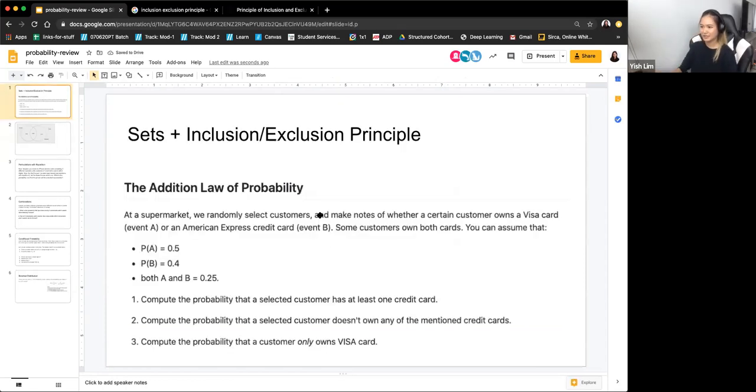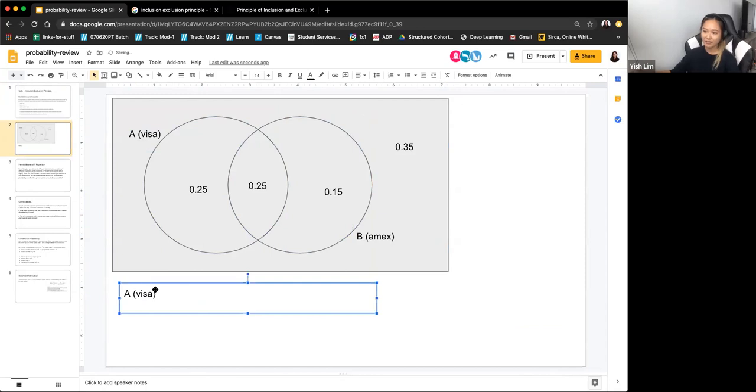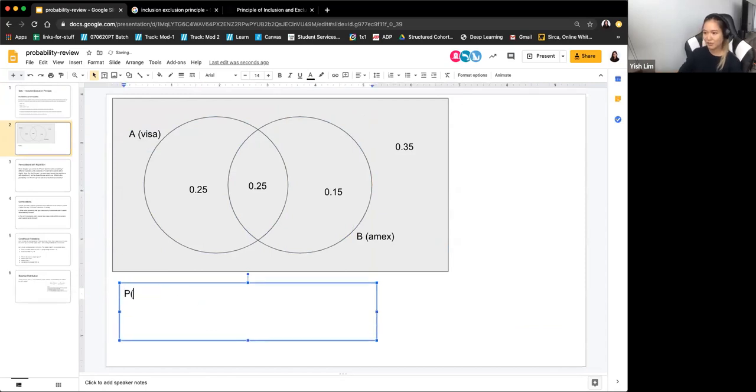All right, so probability that there's at least one credit card. All right, so let's start. Let's just grab this and make a copy. So since I already have everything laid out here, let me just start by typing, what is the probability that you have at least one card? And at least one card, now you can see that I have everything laid out.